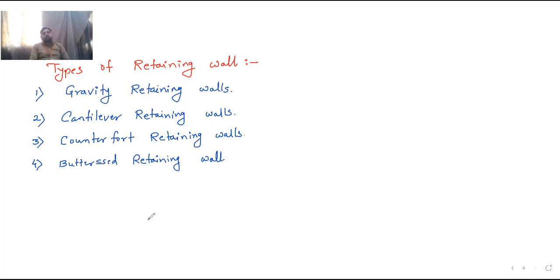For theory, out of these types, we are going to see the cantilever retaining wall and counterfort retaining wall in detail.